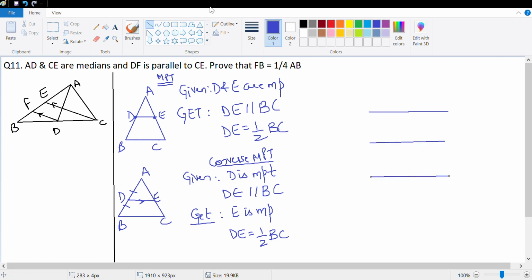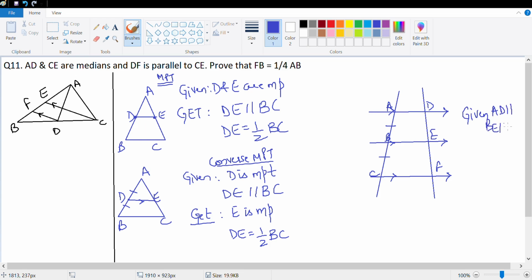As per this theorem, if there is a set of parallel lines and two transversals, let's say one is A, B, C and the other is D, E, F, then what is given is AD parallel to BE parallel to CF, and AB is equal to BC.